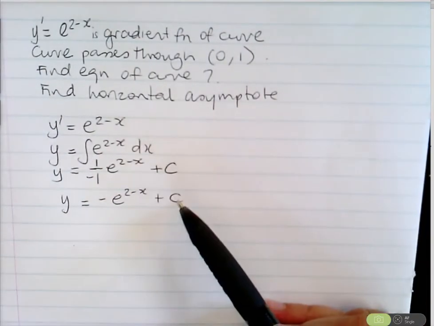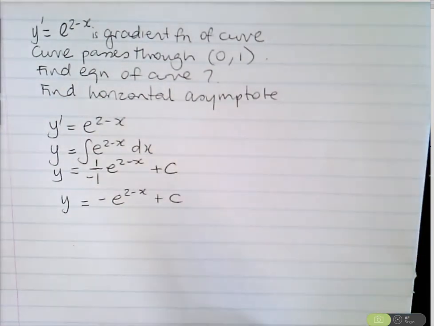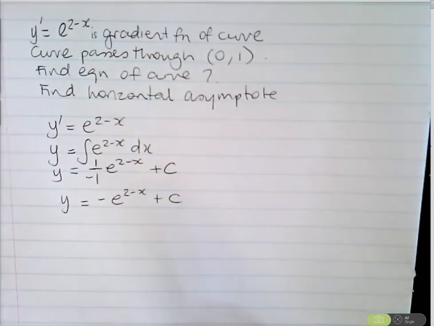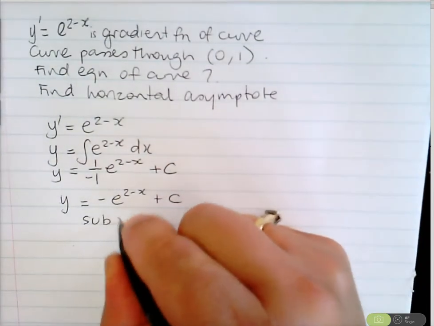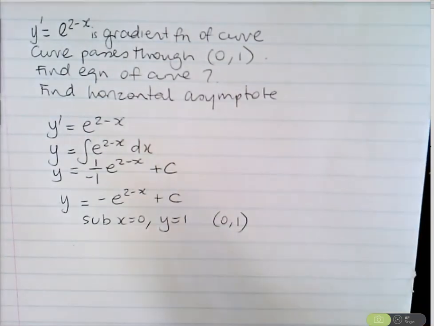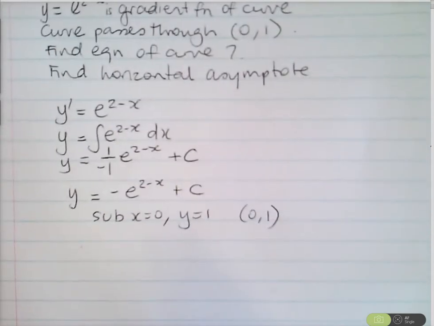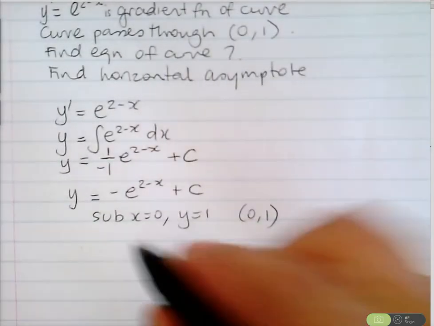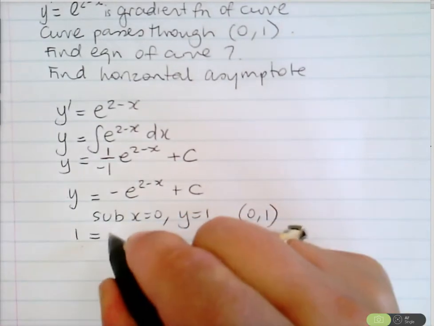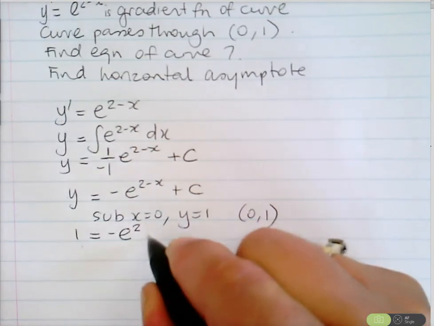Now, we need to work out what c is, and they've told us that the curve passes through 0, 1. So that's a point on the y curve, not the y dash. So we're going to substitute x is 0, y is 1, the point 0, 1, into this. And we get y is 1, x is 0, 2 minus 0 is 2.